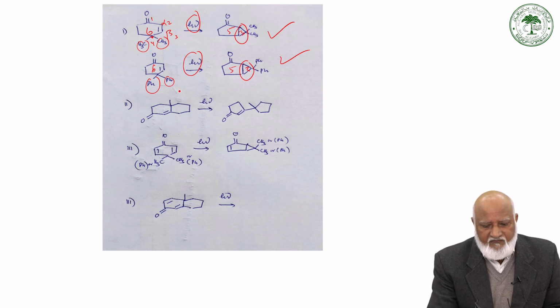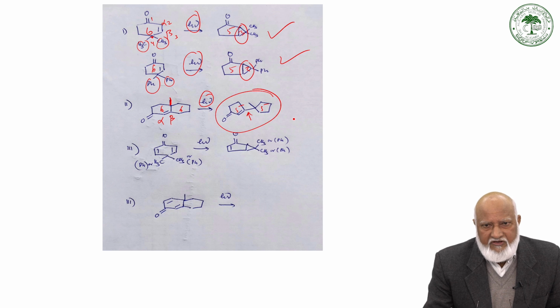It has also been found that a bicyclic 6,6 system with an alpha beta unsaturated ketone with a methyl group at the ring junction under photolytic condition also undergoes a similar type of rearrangement to give a product like this, with a 5,5 system connected through a sigma bond.